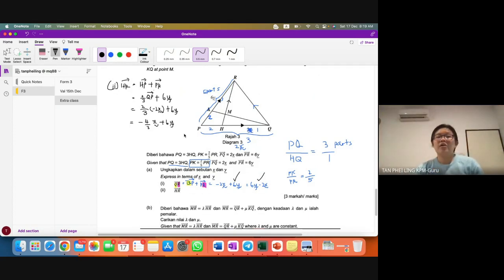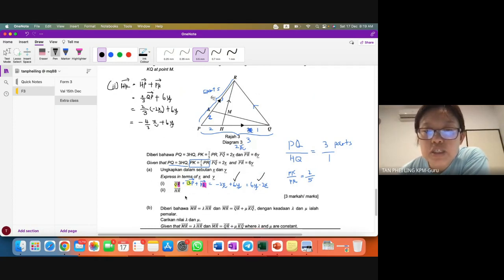That's how you conclude that your HR will be HP plus PR, where your HP is 2 parts out of 3 parts of QP. So the QP is negative 2x because it's the opposite direction of 2x, so minus 2x, then plus 6y.